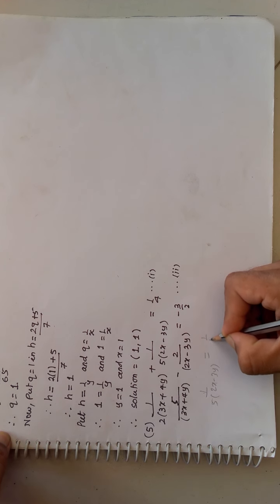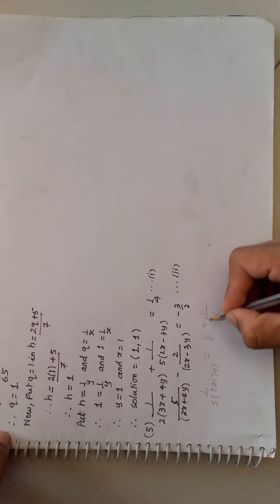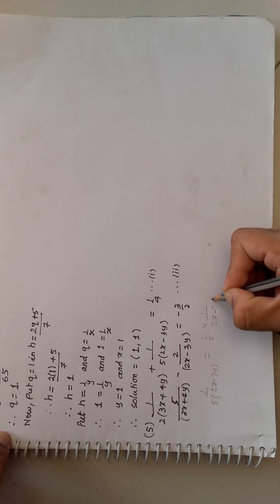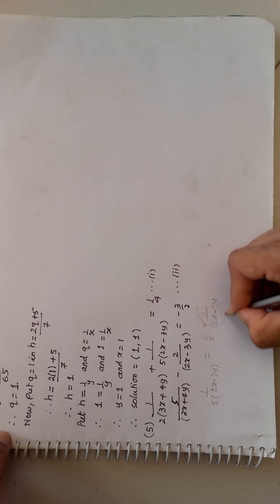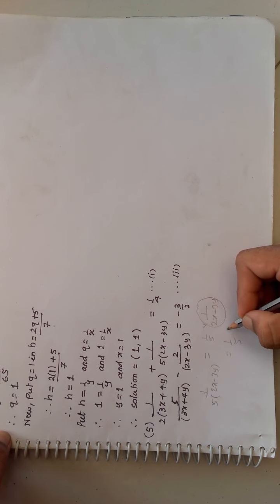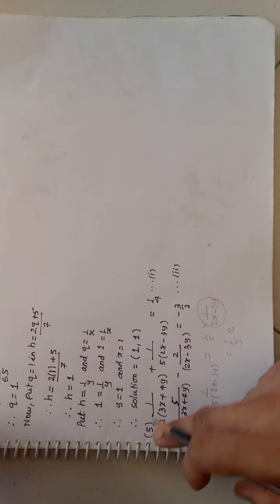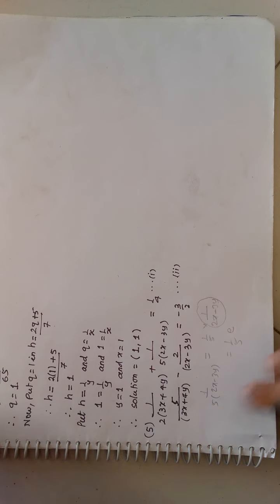That can be written as 1 by 5 into 1 by 2x minus 3y. See the change. So this 1 upon 2x minus 3y I am going to assume as some other variable, say e. So I get 1 by 5e. And this if I assume it as f, so I will get 1 by 2f.